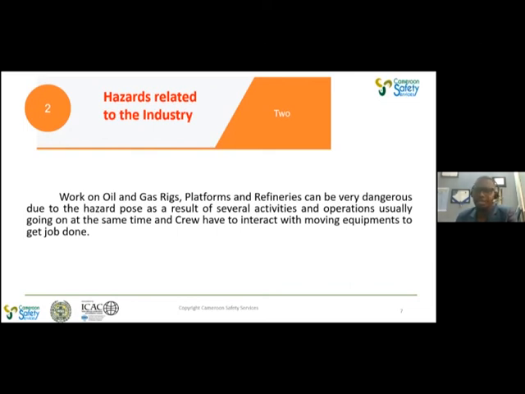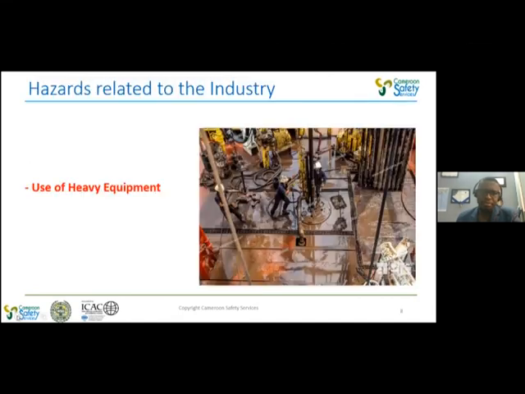All these are some of the activities that occur on the rig, and simultaneously they pose risks to the employees who are working on platforms and on drilling rigs. Same thing with refineries. The different activities lead to hazards and cause a lot of injuries in the industry. We are going to see them.